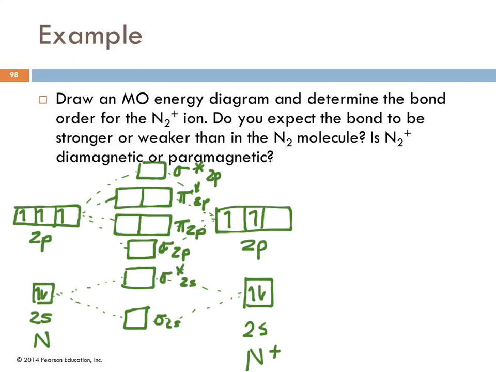It's the bottom two that switch, the pi 2p and the sigma 2p. So we're going to take these guys out and move them around. That's the order we expect, but it's not what these guys do.